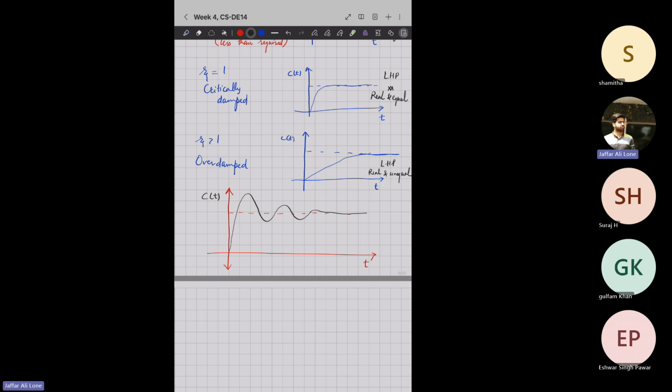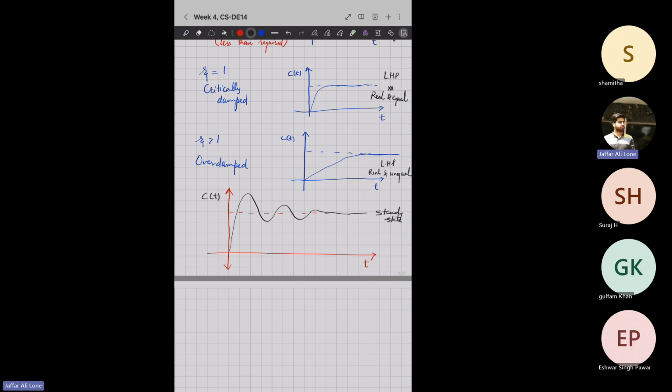For example, you are given this response, how will you characterize whether my system is good or bad, and for what application I'll use this system, right? See, this is the final value, the steady state. I want my system to settle here. This is my reference.